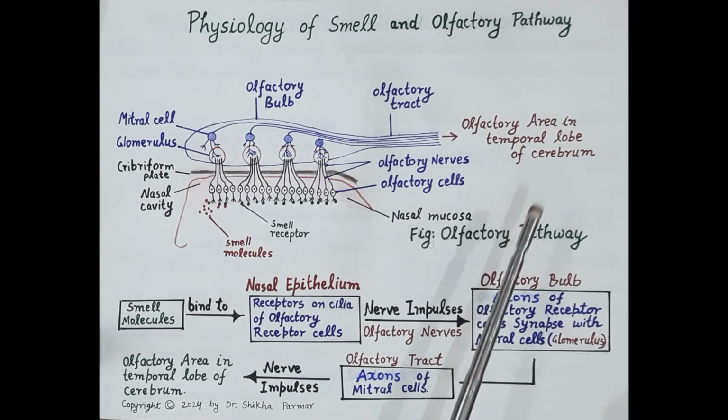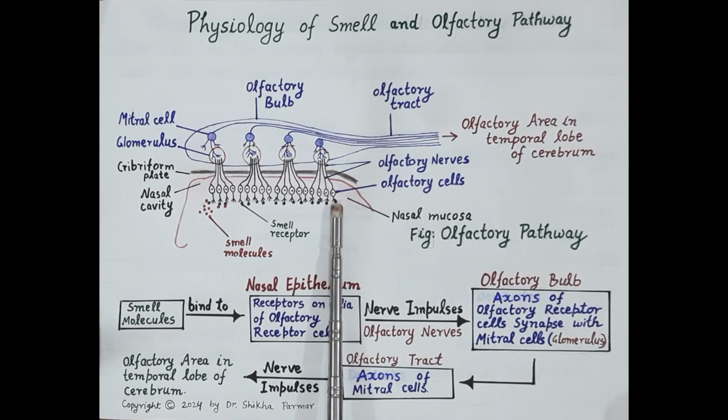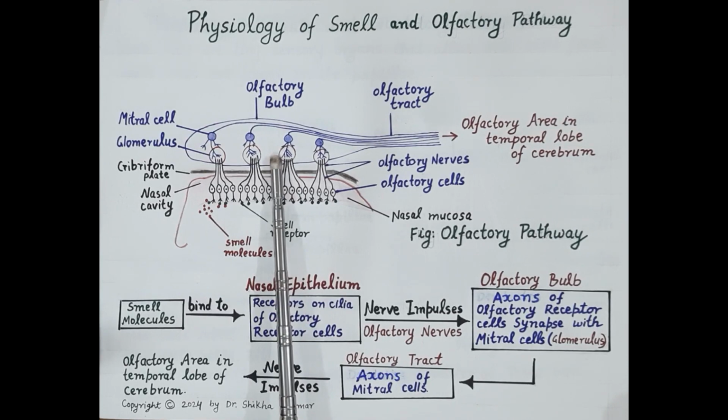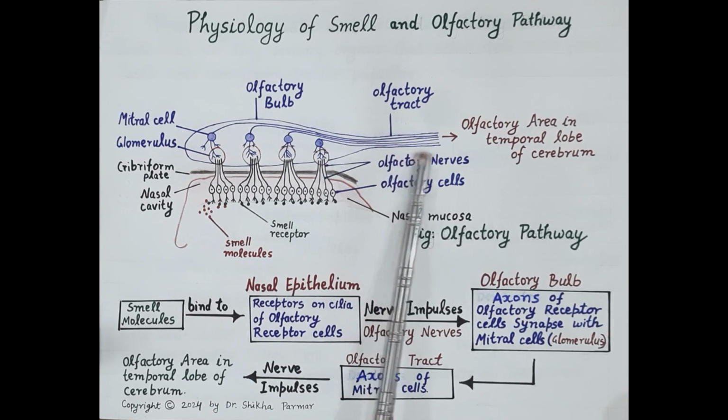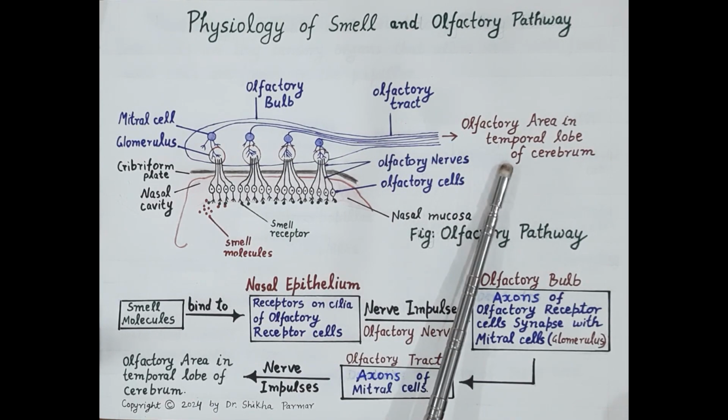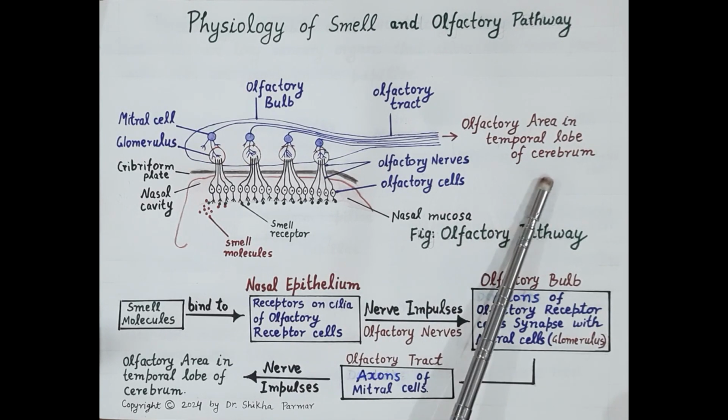So this is how the olfactory pathway transports the odor or smell information which is generated at the nasal epithelium to the olfactory bulb, and from the olfactory bulb to the olfactory tract, and finally the smell information is sent to the brain where the smell is perceived and recognized.